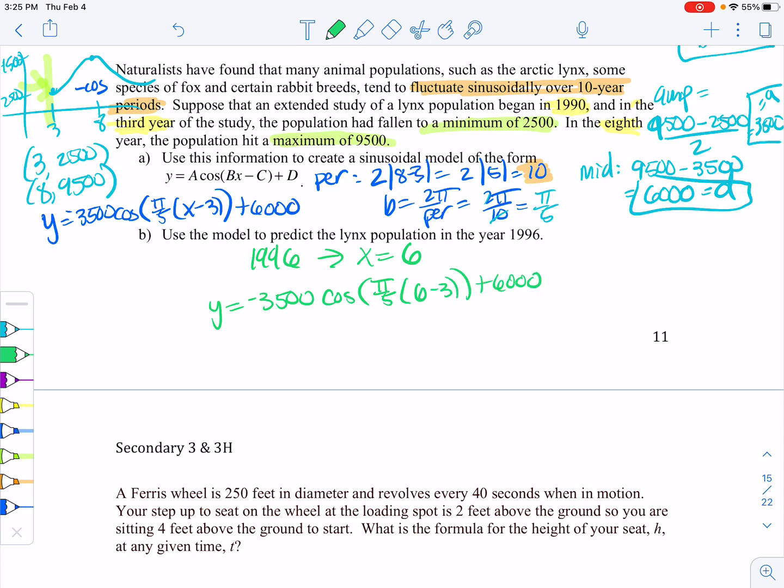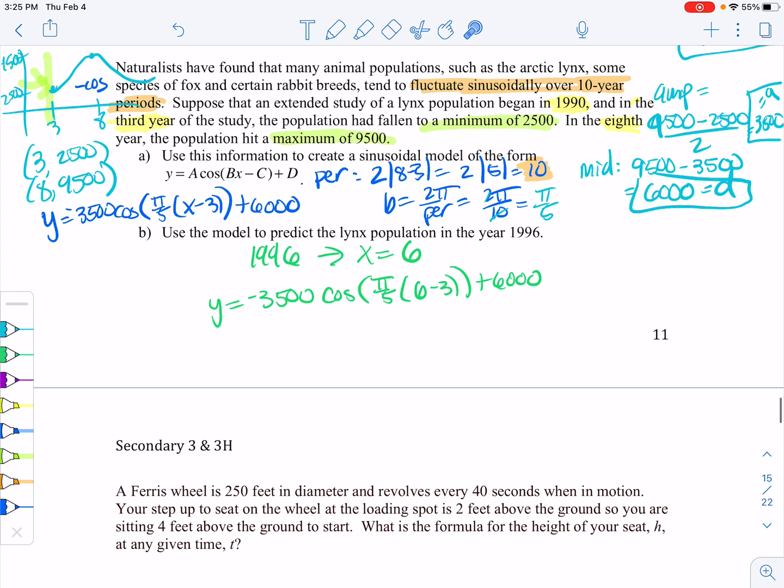Okay. And I'm just going to put this into my calculator so it looks like this entire thing. Now, we are in radians because we're using pi's. So you need to make sure your calculator is switched to radian. So you can do negative 3,500 cosine of pi fifths. Then you need to have another set of parentheses times by 6 minus 3, which you could simplify to be 3, and then plus 6,000.